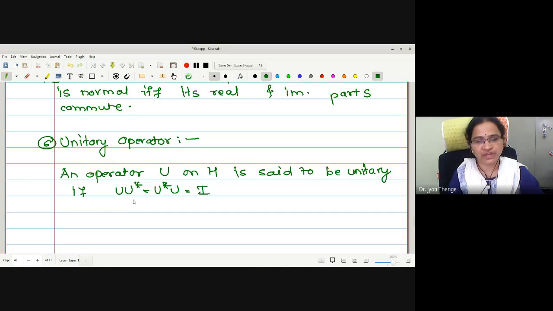If we observe very carefully, the first two properties give us the normal operator. That is, every unitary must be normal. This is the condition for the unitary operator.